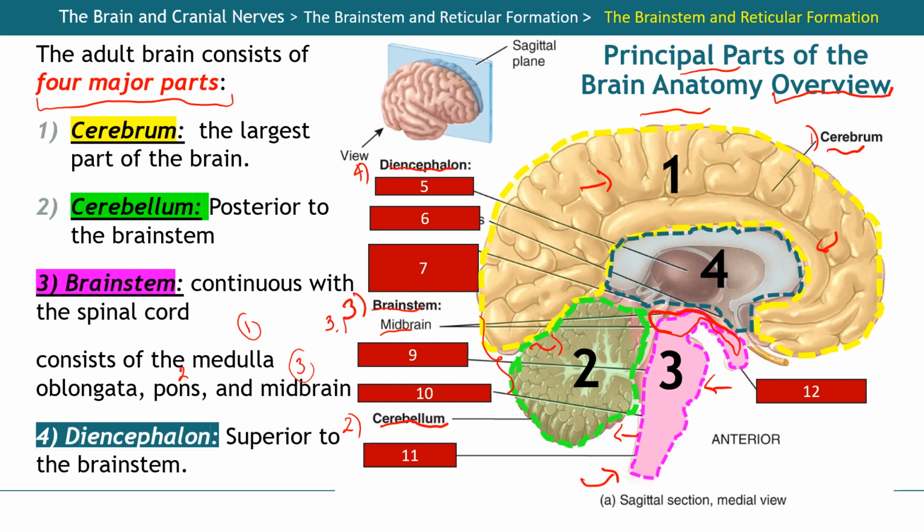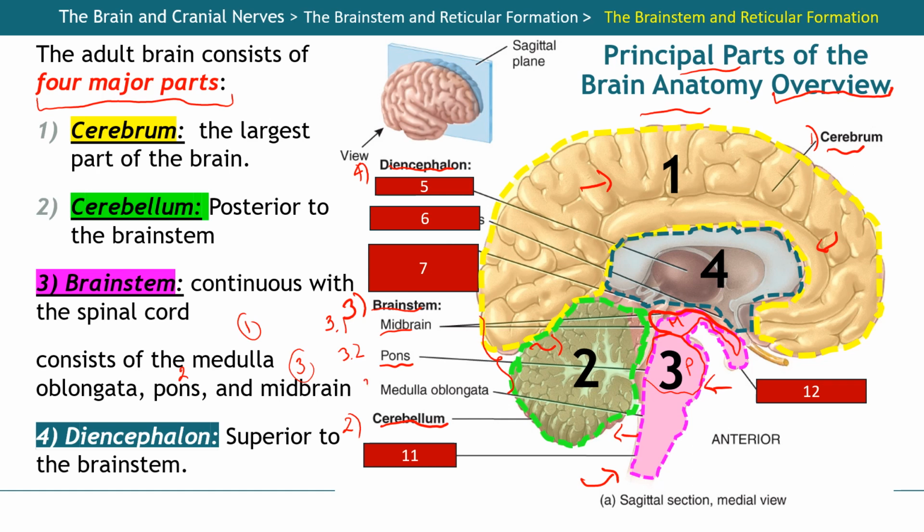The second one, 3.2, is pons, and the pons go below, go inferior. Yeah, 3.2 pons. So again, suppose that is here. So pons here, here midbrain, and later in the schematics we will show it much clearer.